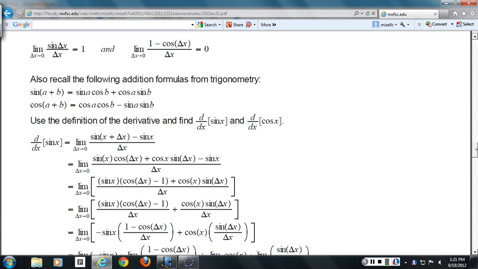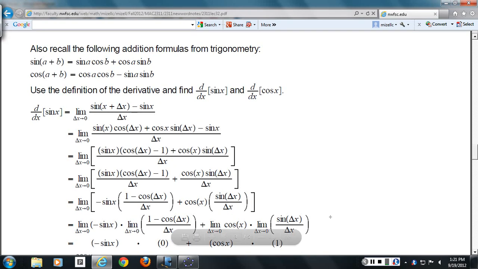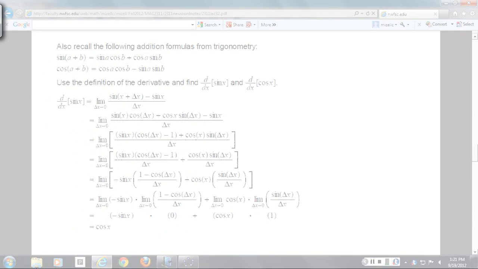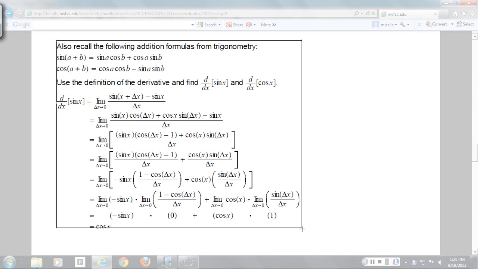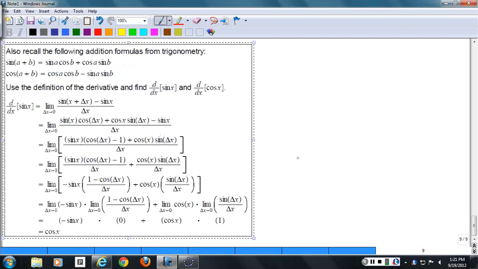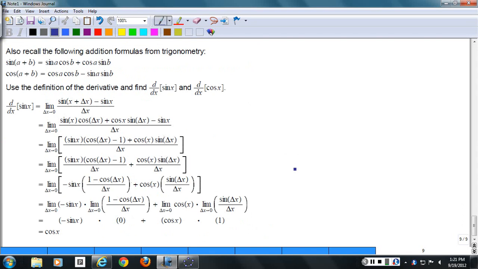if we've got, let me zoom out just a little bit, maybe a lot. Okay, it's all there. If we've got these angle sum formulas, we can probably use them just like they've been used here to find the derivative of sine x, to find the derivative of cosine x.